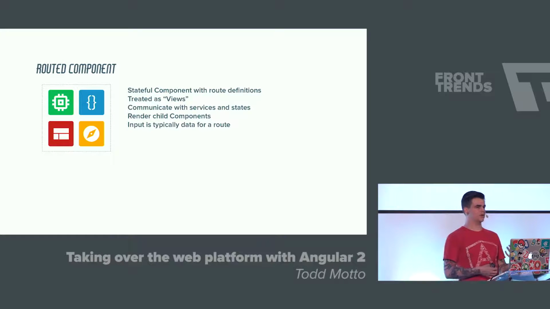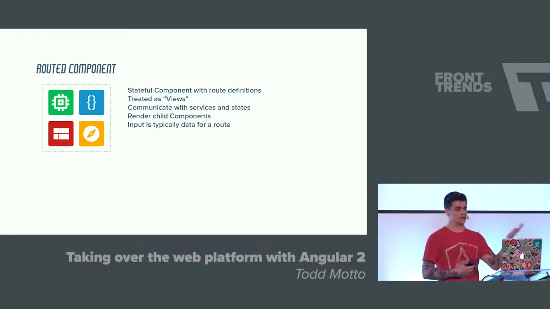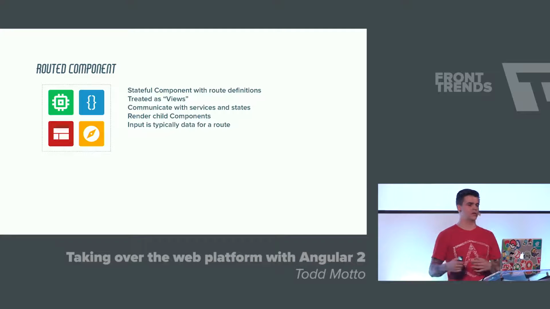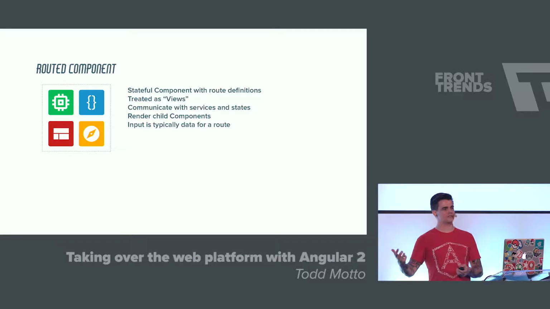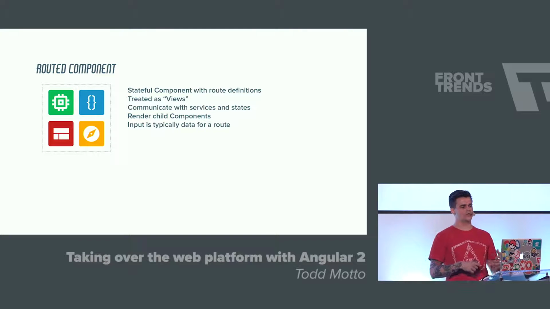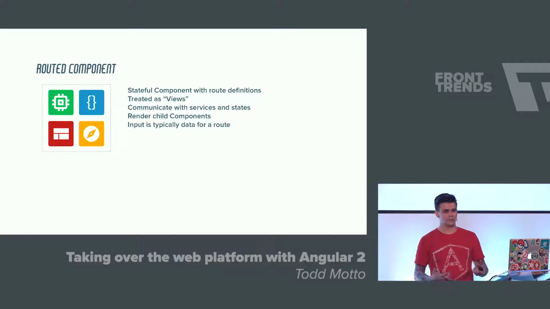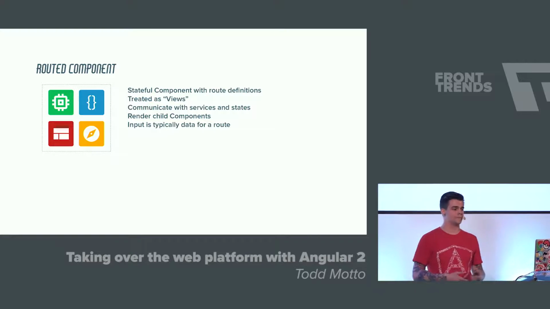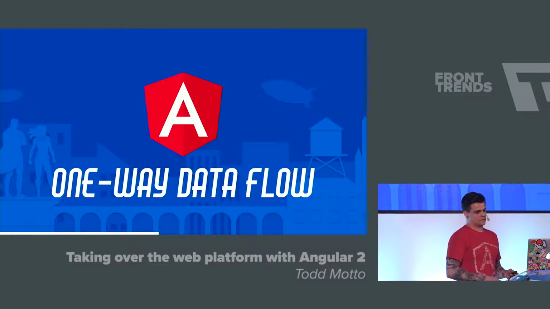Where you set up your routing, you can then navigate to a specific view in the URL, which goes and fetches the template. But you don't want to just change the URL and fetch the template. You want to actually go and get the data associated with it. So it gets the state associated with a particular route. These are typically characteristics of a rooted component. One-way data flow.